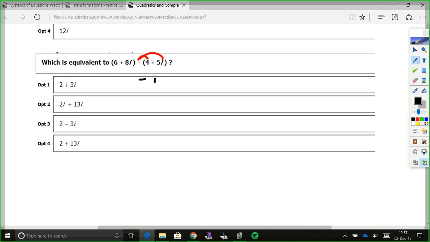Let me write down negative 4 and then negative 5i. So if you have 6 and negative 4, 6 minus 4 would make 2. And then you have 8 minus 5, which is going to be 3.